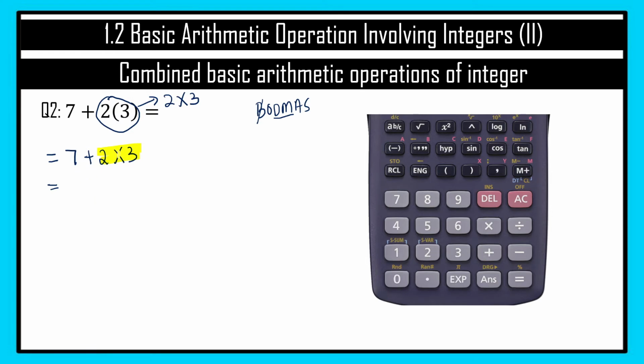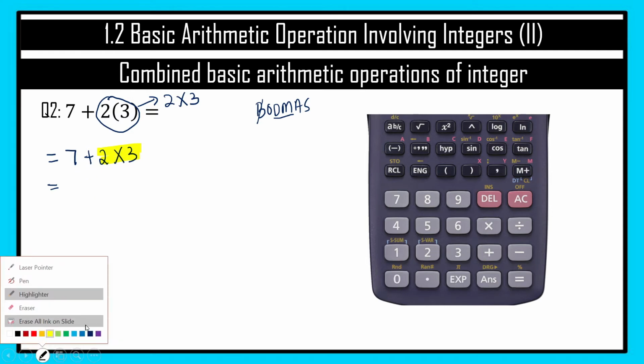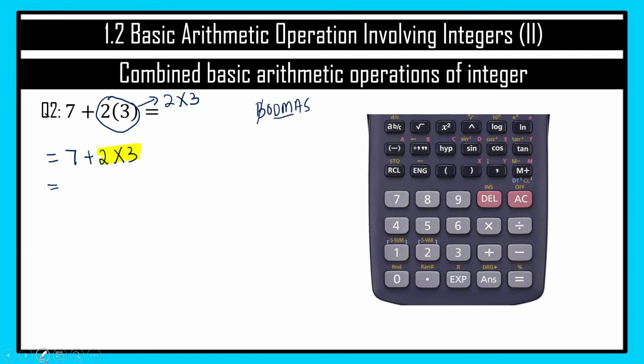So we are going to do that one first. 7, I have not touched it yet, so I'm going to copy down 7 plus 2 multiply 3, you will get 6. Alright, next one is 7 plus 6, which is AS. So 7 plus 6, you should get 13.